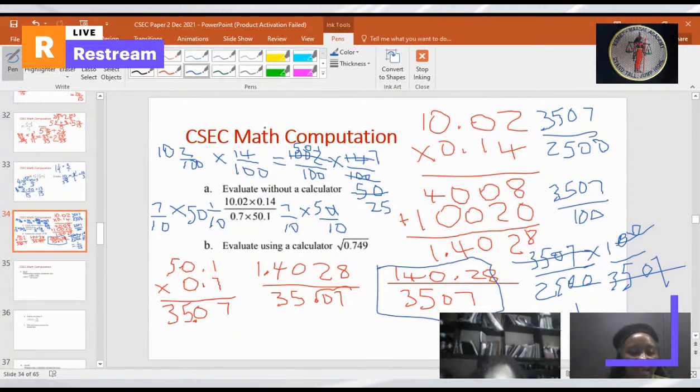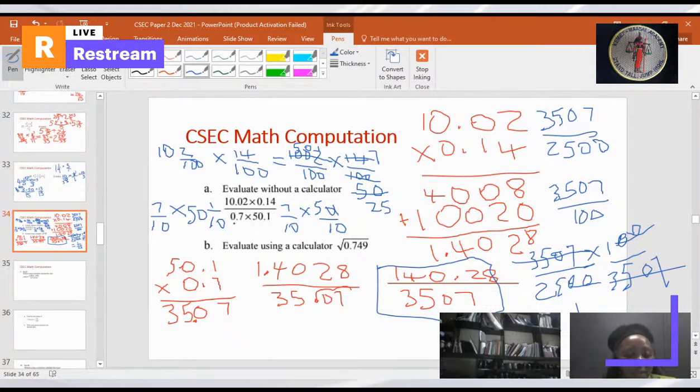I changed the 10.02 to 10 and 2 over 100 because it's two decimal places, and the 0.14 is 14 over 100, right? Yes, miss. When we multiply those and cancel what needs to cancel, we end up with 3507 over 2500.